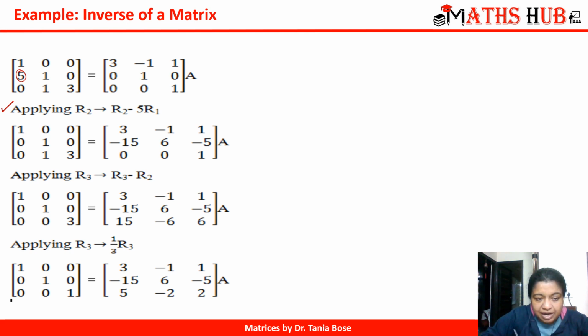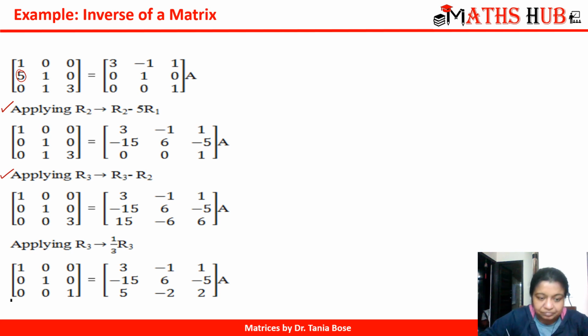I can apply the transformation R3 is equal to R3 minus R2. So we get the next elements as 1, 0, 0, 0, 1, 0, 0, 0, 3. Similarly, on the right hand side, this matrix gets converted to 3, -1, 1, -15, 6, -5, 15, -6, 6.